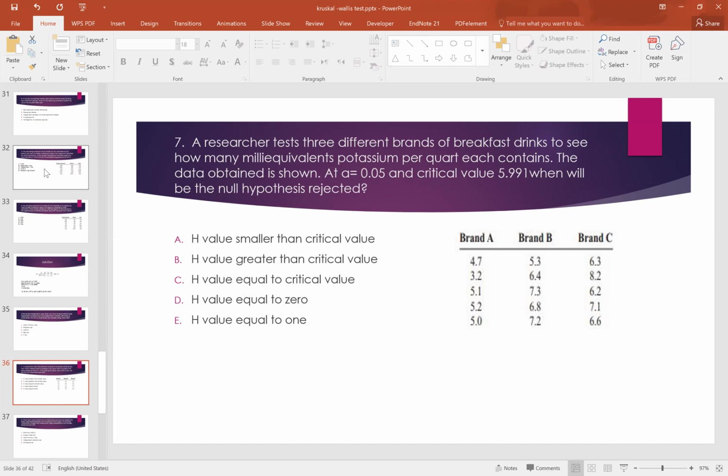When will the null hypothesis be rejected? H value smaller than critical value, H value greater than critical value, H value equal to critical value, H value equal to 0, and H value equal to 1. Yes, it's B. H value is greater than critical value.